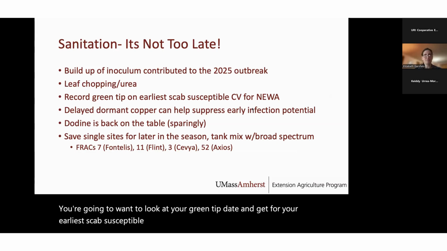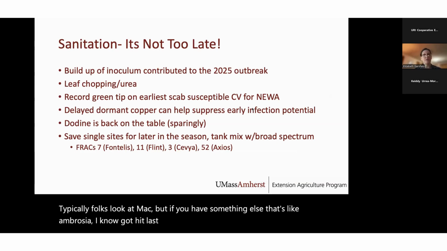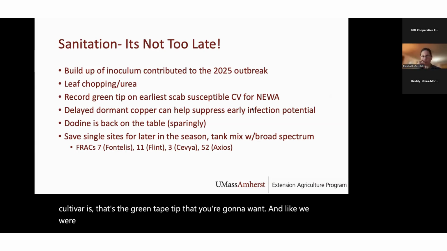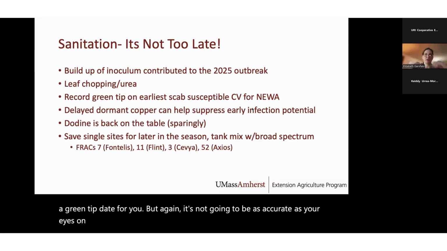Typically, folks look at Mac, but if you have something else like Ambrosia, I know got hit last year with scab. Whatever your earliest cultivar is, that's the green tip date you're going to want. And like we were talking about bloom earlier, the decision support system will estimate a green tip date for you, but again, it's not going to be as accurate as your eyes on your trees and then putting in your own date.